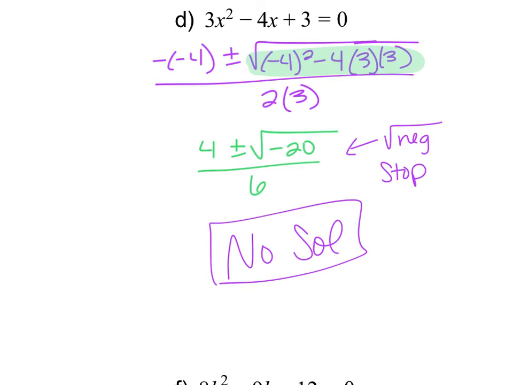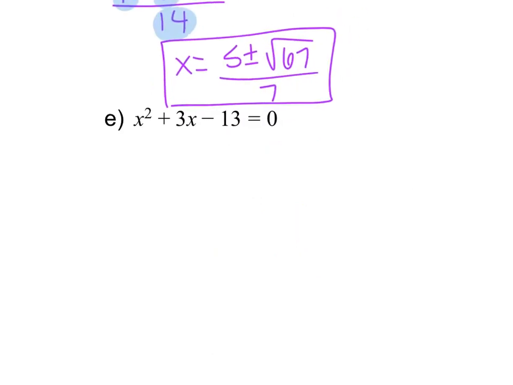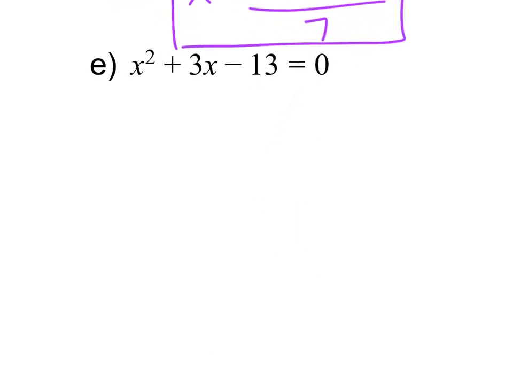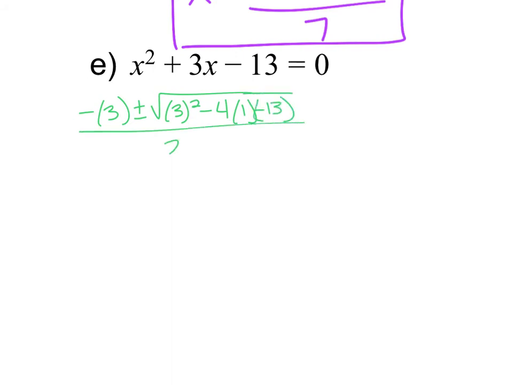Okay, we've got 3 more to do. Let's knock them out. So letter E, it's already in standard form, so x equals -b plus or minus the square root of 3 squared minus 4 times 1 times -13 all over 2 times 1.